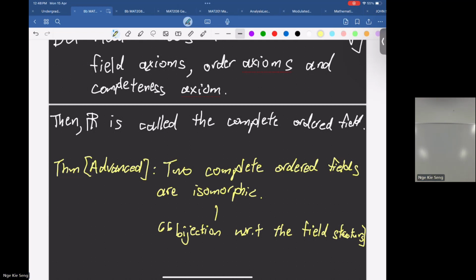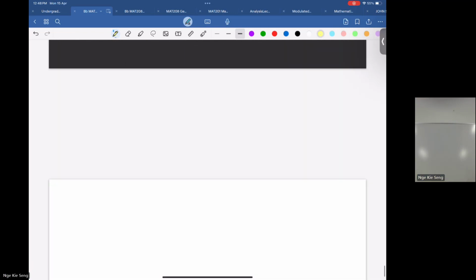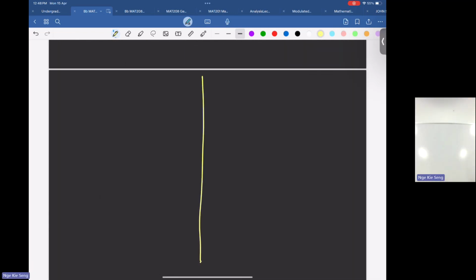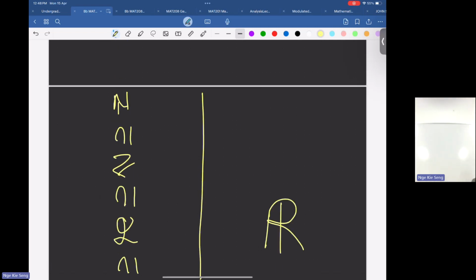Okay. So this comes to a question from Joshua last time. Do we build real numbers from natural numbers, Peano axioms, and then Z, and then Q, and then go on to R? Or do we just simply build R?